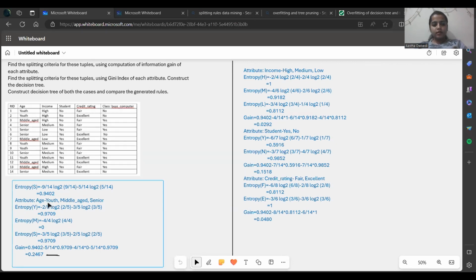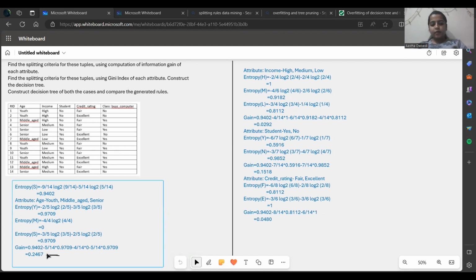So, this is the entropy of column age, which has three attributes: youth, middle aged, senior. The entropy of youth is 0.9709, the entropy of middle aged is 0, and the entropy of senior is 0.9709. Now we will calculate the gain.